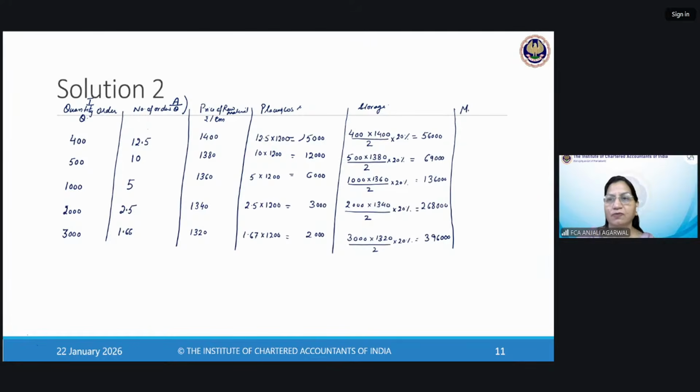But one more cost we will consider here is the material cost. Even if you are buying 400 units at a time, ultimately you need to buy the entire 5,000 tons. So your raw material cost will always be on 5,000 tons. You will not calculate on 1,000.